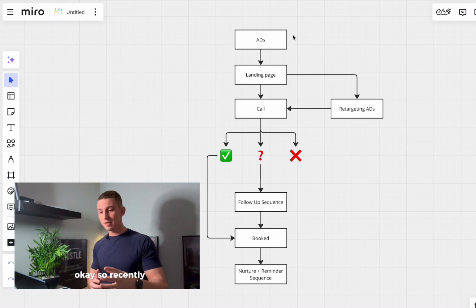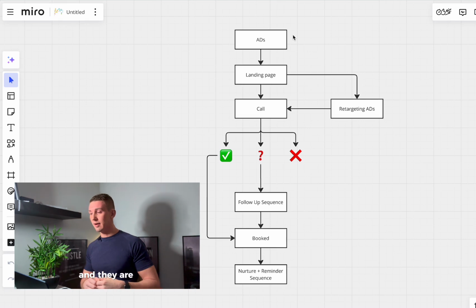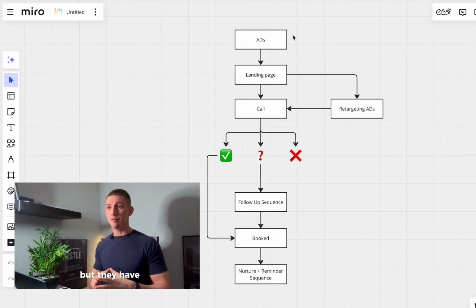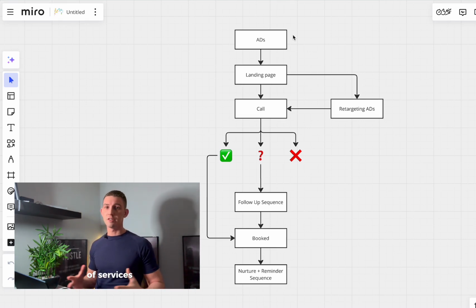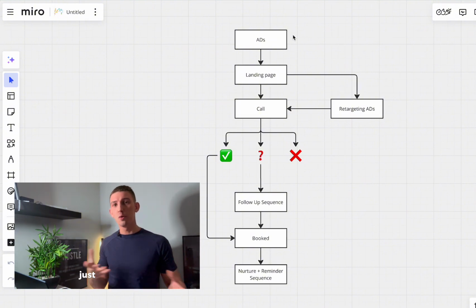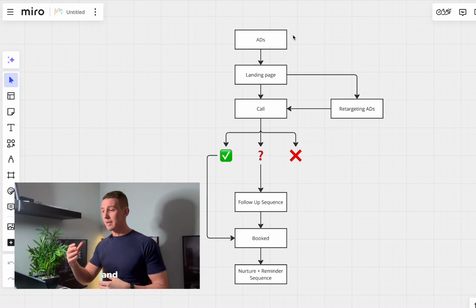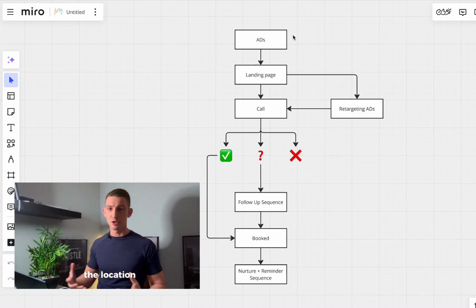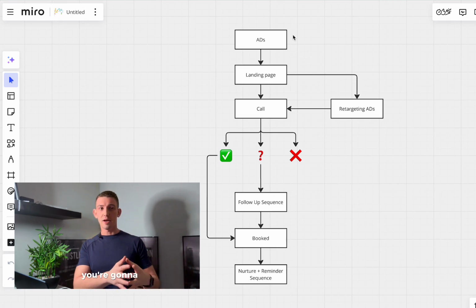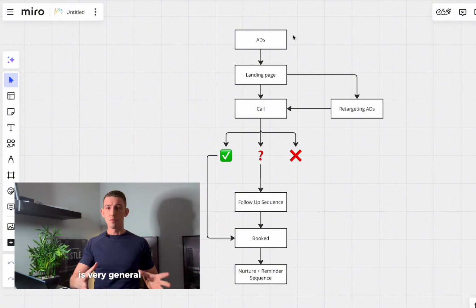Okay, so recently I was talking to a potential client and they are a pharmacy, but they have a wide range of services that they can offer. And they said to me, well, can we not just pull them through to the landing page and then people can select the service or the location or whatever it may be. And the problem with that is you're going to have a front end that is very general, right?